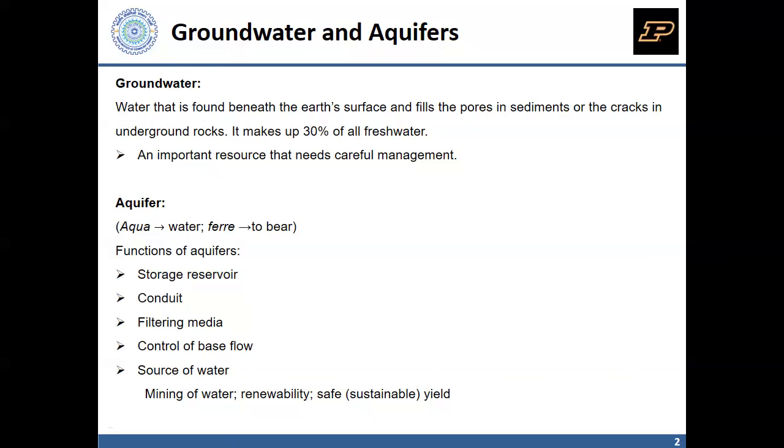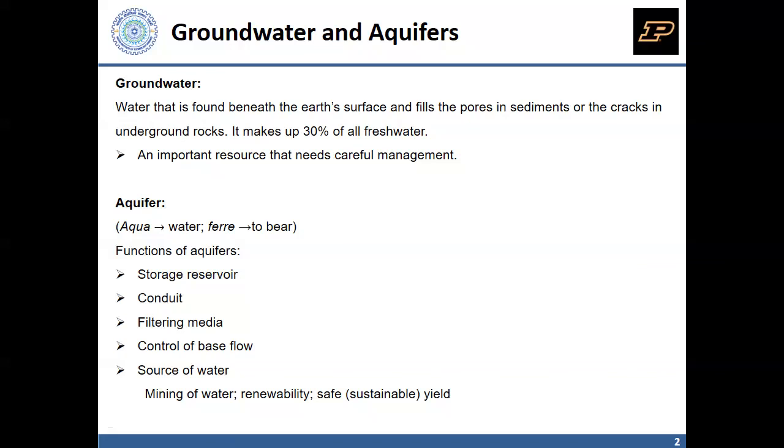Aquifers serve other functions as well. One is that of a filtering media, and I think you are fairly familiar with it. As water moves through this porous media, depending on the nature of the surface, there is filtering.